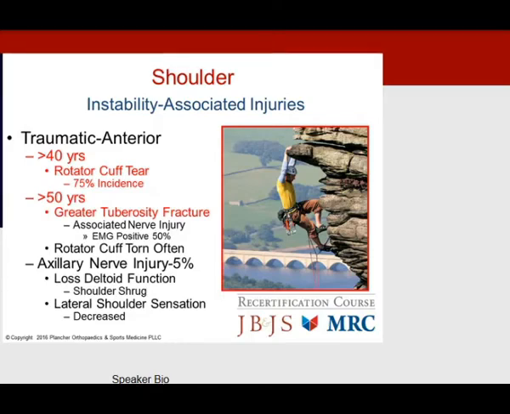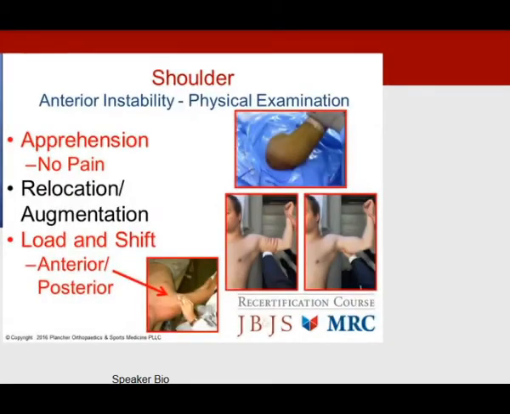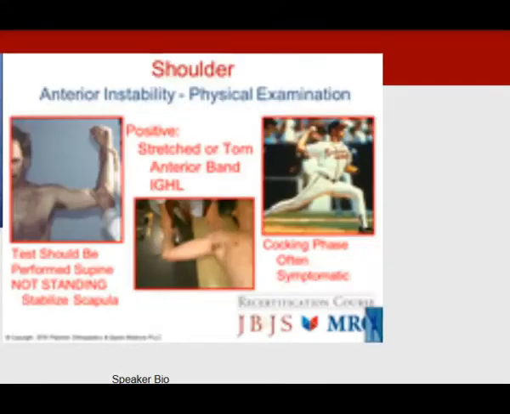Physical examination in anterior instability is seen with apprehension, more often than not, and not pain. And whether, as you can see here, you do a relocation or augmentation, or load and shift tests for anterior or posterior instability, it's important to be able to identify which direction the shoulder has gone out.